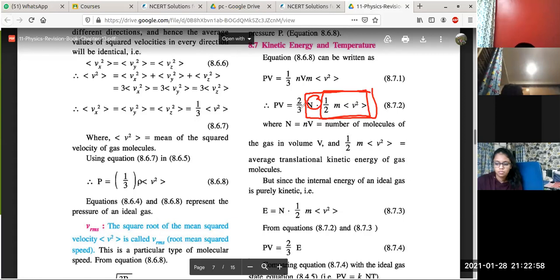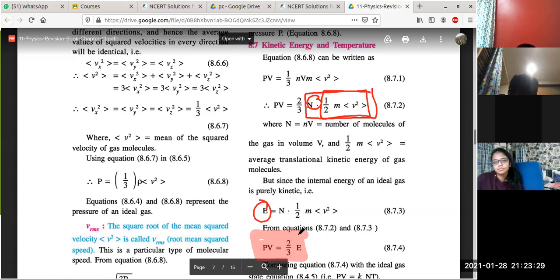So the total energy of the gas molecules is E, which is n into half mv squared. Therefore PV is two thirds E. Write this down, it's important, where E is the total energy of all the molecules.